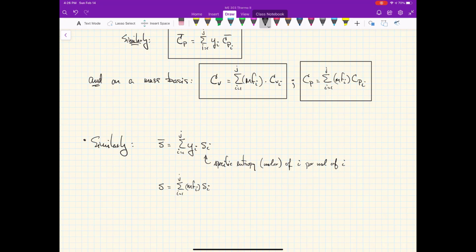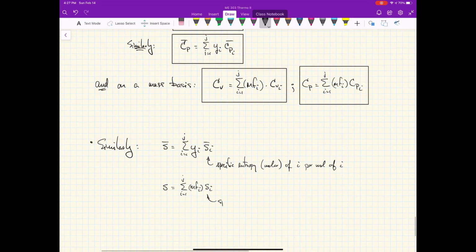And we could have done the same thing on a mass basis, right? So s for the mixture is going to be equal to the sum of the mass fraction of i times the specific entropy on a per mass basis, per kg of i. Voila!